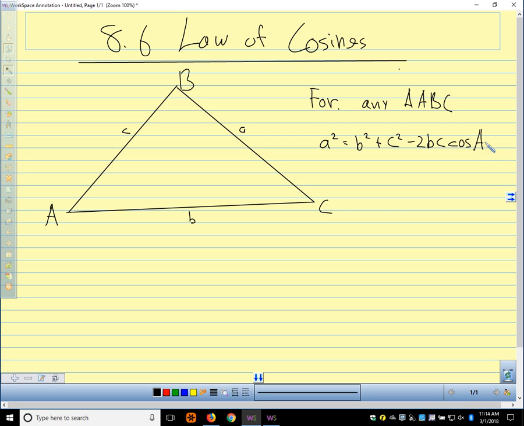Yeah, this works for any triangle. And then now I'm just going to write different versions of this same equation, and really they have to do with how you label the vertices.